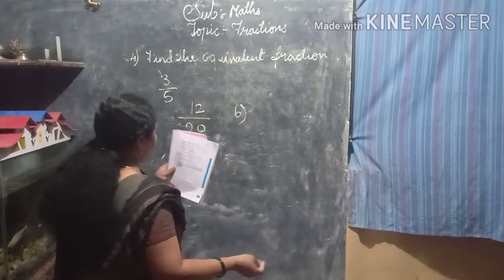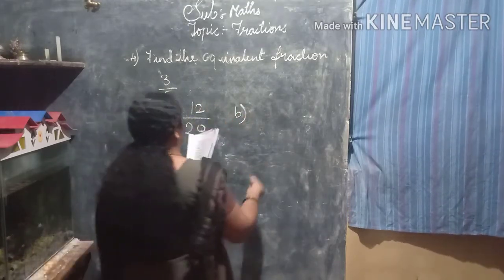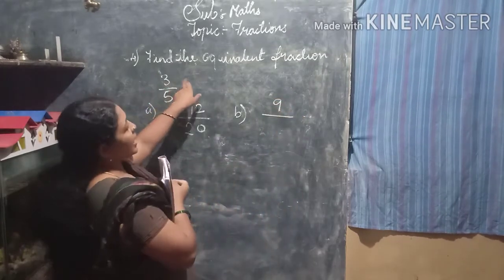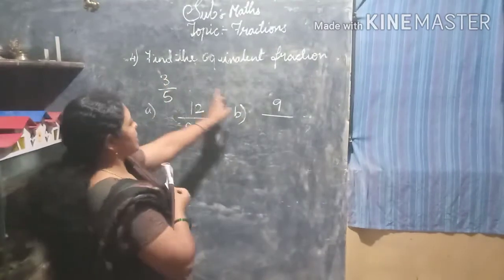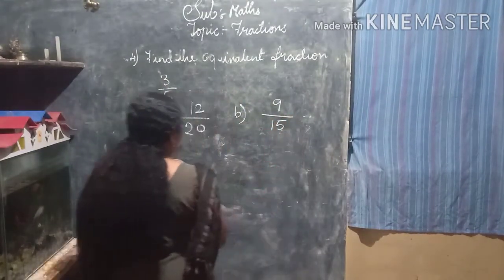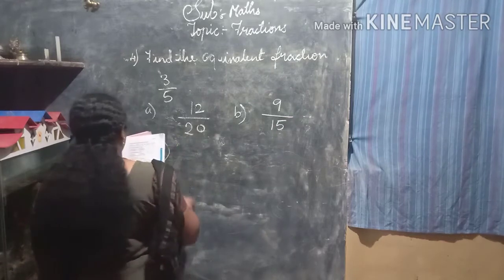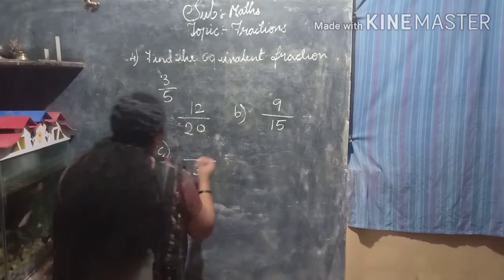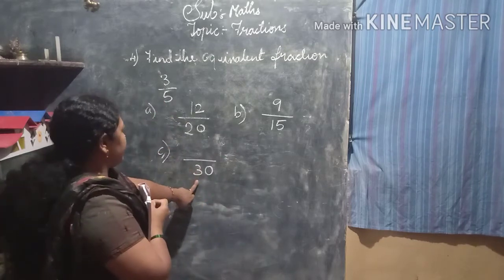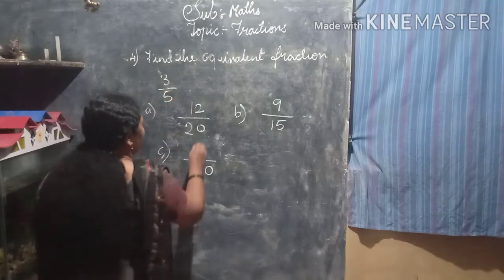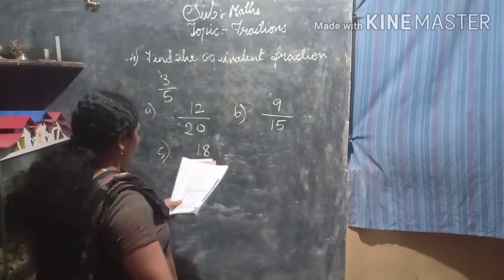Now B, if the numerator is 9, 3 threes are 9. Therefore, 5 threes are 15. C, denominator is 30. If the denominator is 30, 5 sixes are 30. Therefore, 3 sixes are 18.